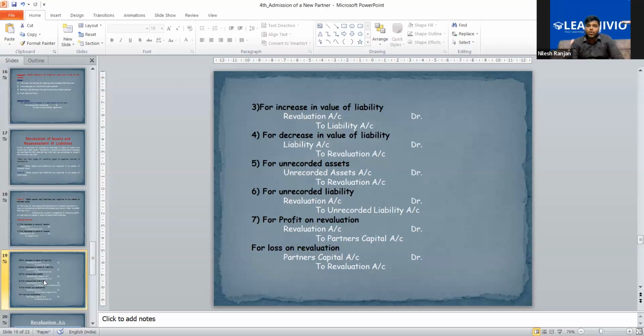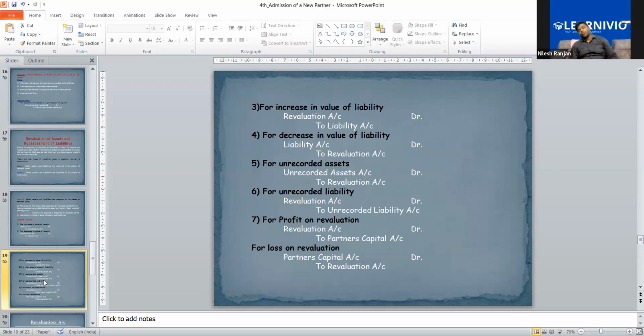Now, after writing all the entries, we have to calculate the profit or loss on revaluation. If there is profit, then revaluation account debit to partners capital. The profit will be transferred to the credit side of partners capital. Why?